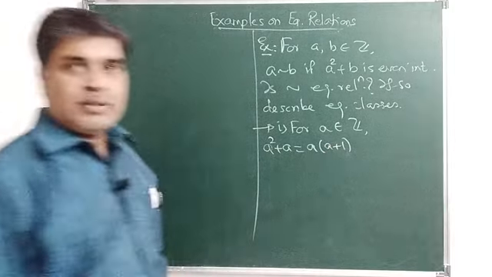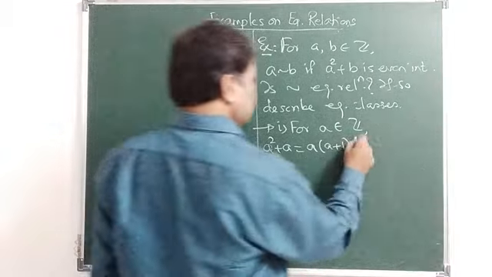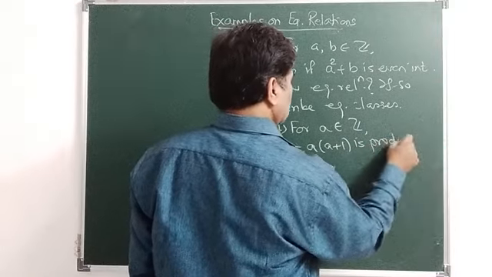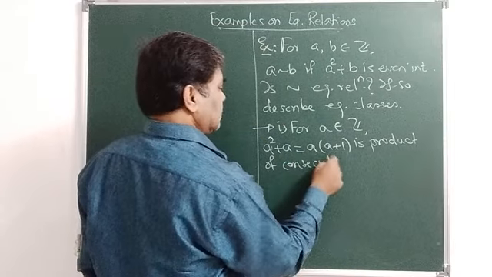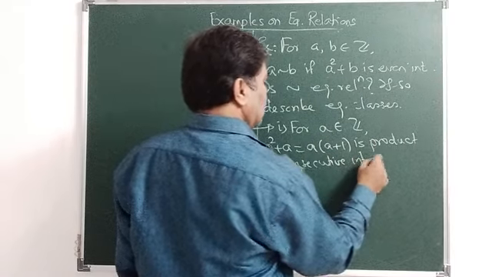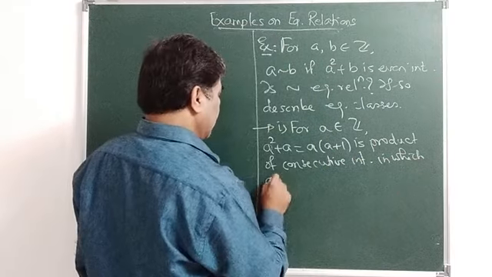A into a plus 1 is the product of two consecutive integers, in which one must be even.